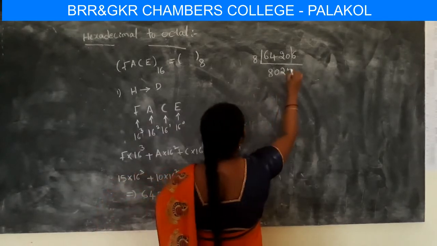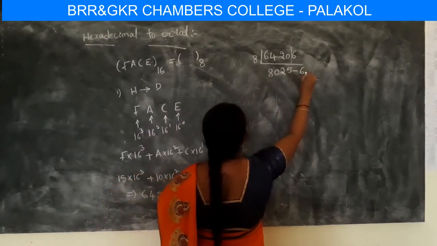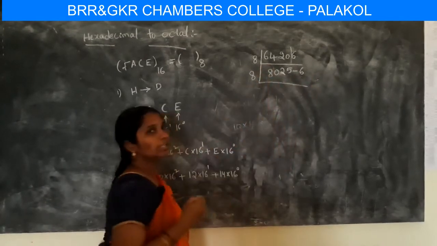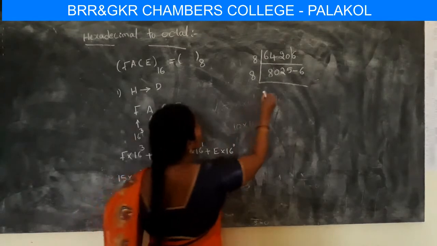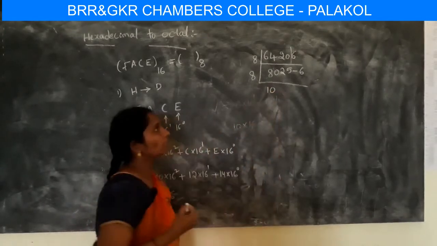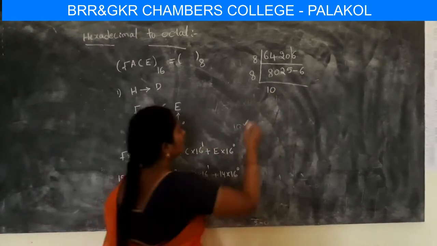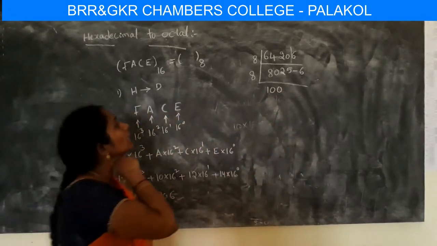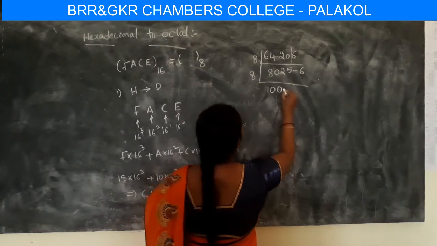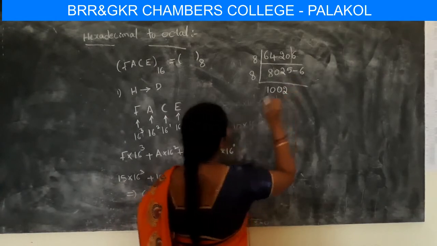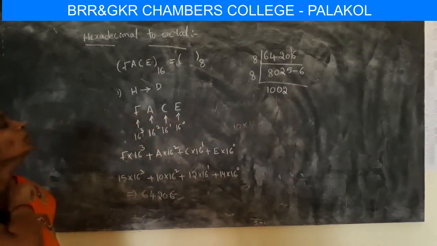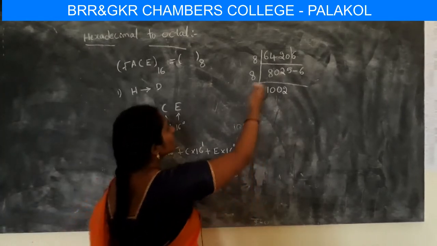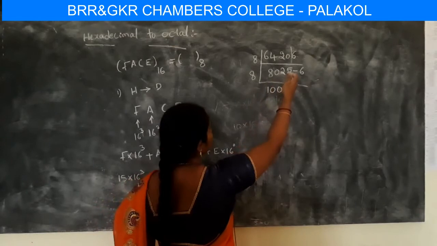So, 5 8s are 40. So, here the remainder is 6, and again dividing with 8. So, here 10 8s are 80, and 0. So, 2 8s are 16, 2 8s are 16, and after that here 9.